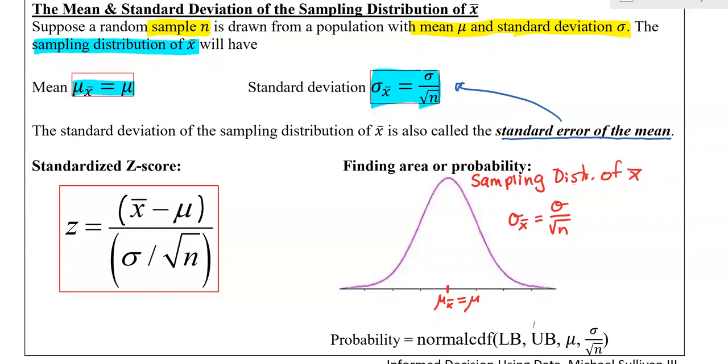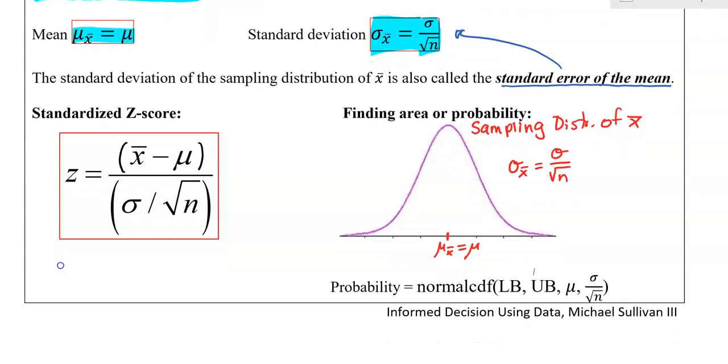Now z-scores can also be found for x bar. To find the z-score for x bar, you take x bar, subtract the mean, and then divide by the standard deviation of x bar, which is sigma over the square root of n. We convert an x bar into a z. But to find probabilities, we're not going to be using z's.